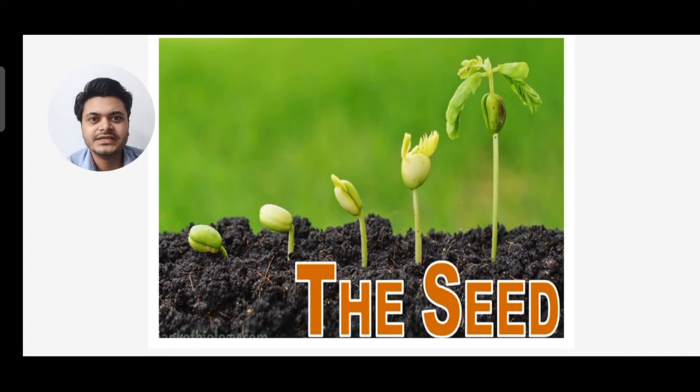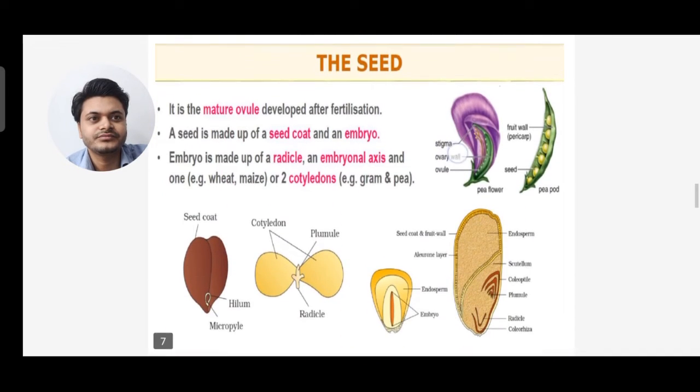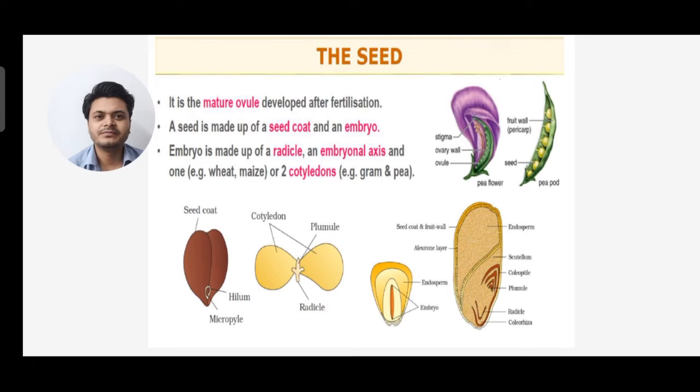Now moving to seed. What is a seed? It is a mature ovule developed after fertilization. So when the ovule matures, it forms a seed. A seed is made up of seed coat and embryo. The embryo is made up of radicle, embryonal axis and one or two cotyledons.